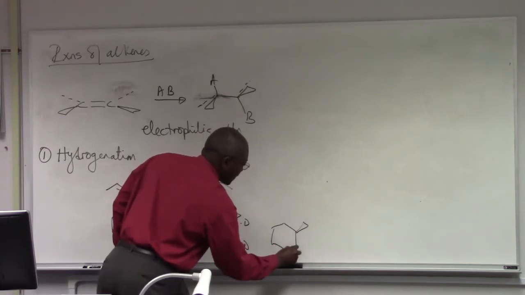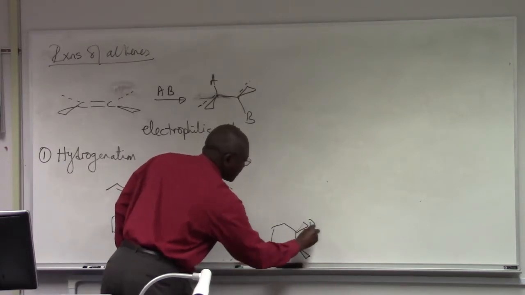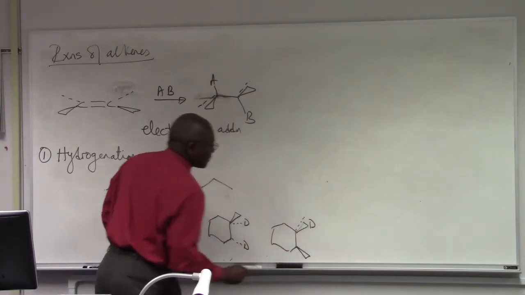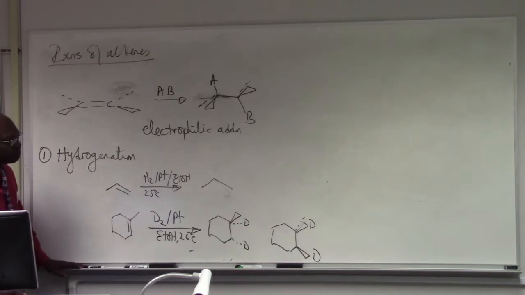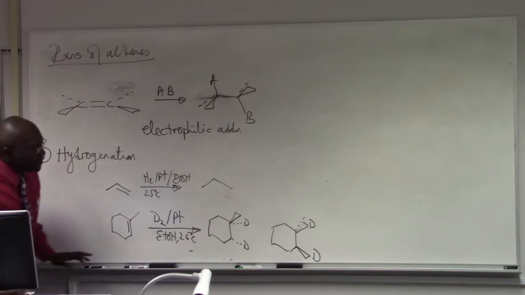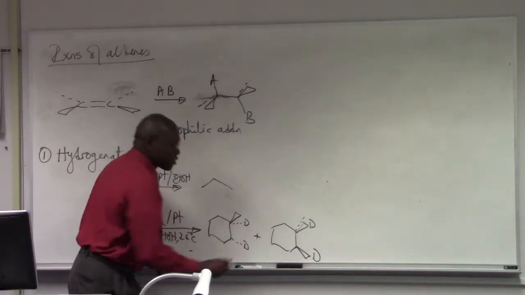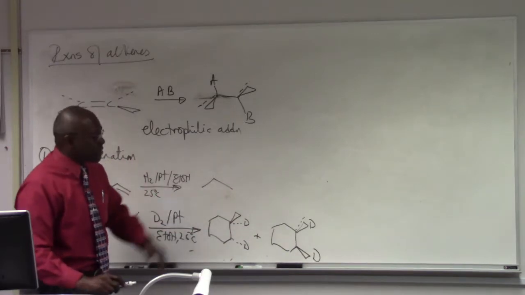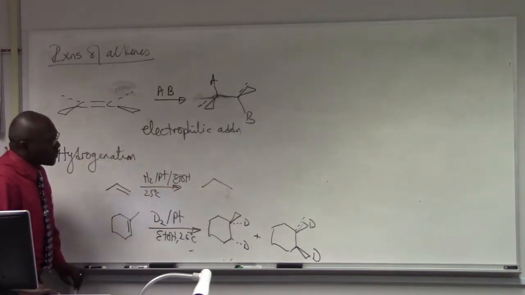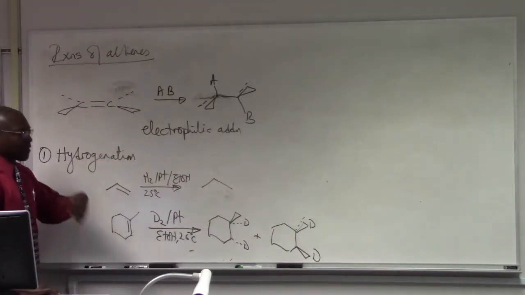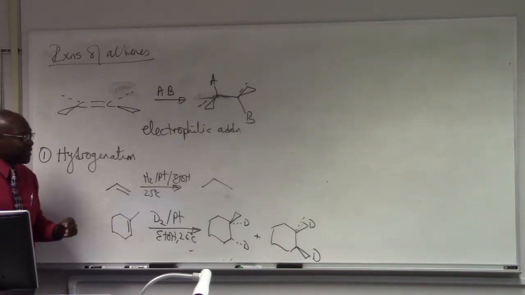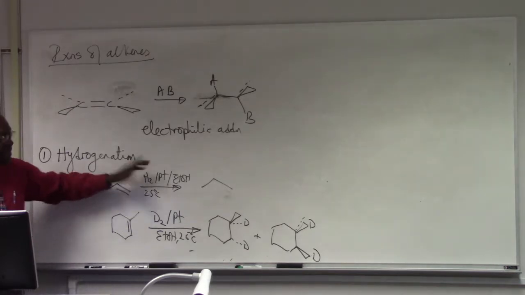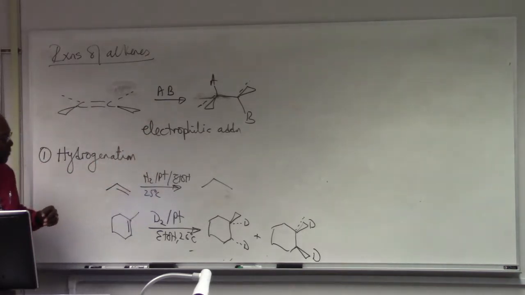And I can have this species be methyl. These two species are enantiomers of each other, right? They're mirror images of each other. So there's a consequence to the syn addition that happens in hydrogenation reactions. And obviously I can either add D2 or T2 or whatever.